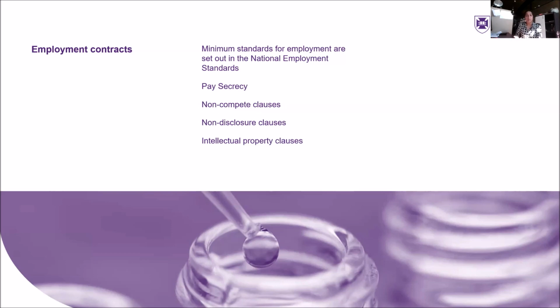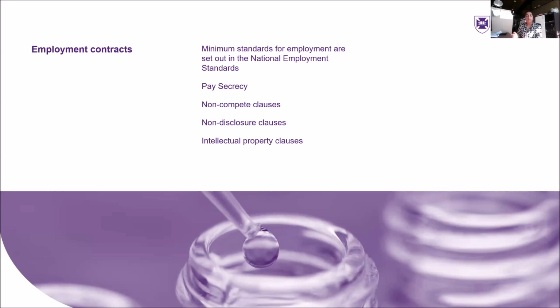Those are legal minimum entitlements that we are all entitled to, and it also sets out that any awards or enterprise agreements or registered agreements also work as minimum standards. If your particular institution or company has an enterprise agreement, that is also a minimum standard that your employment contract can't opt out of or contract away from.